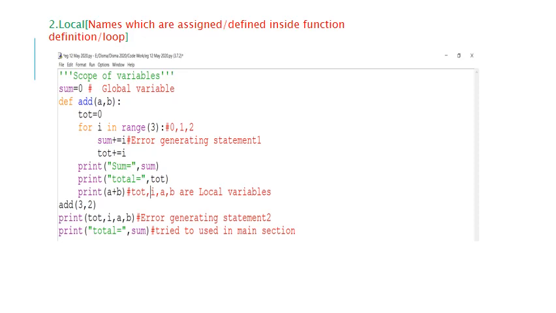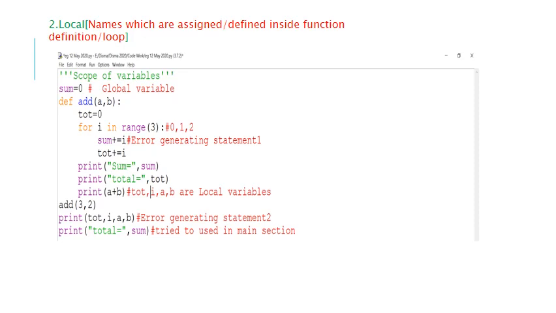In the next statement, I try to print the value of tot, i, a, and b. That is also an error generating statement. In the next one, I try to print the value of sum. It will give you the value 0, because the change you make to sum in a function will not be available outside that one.